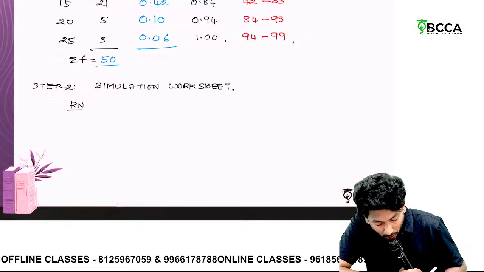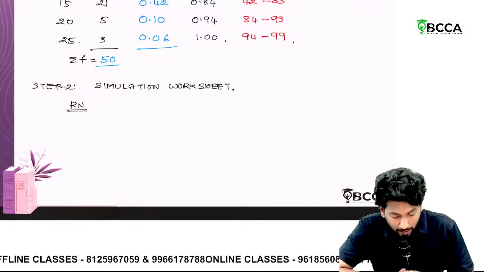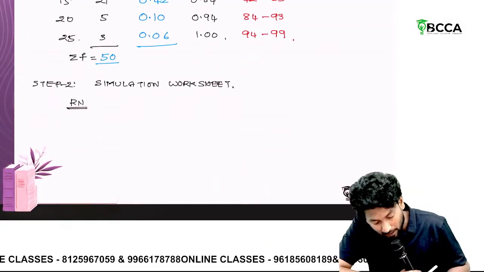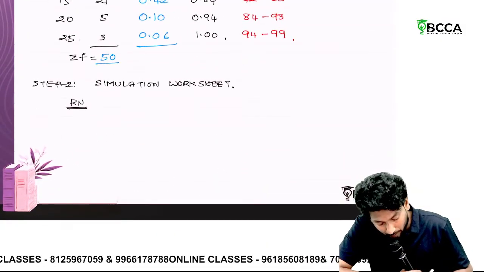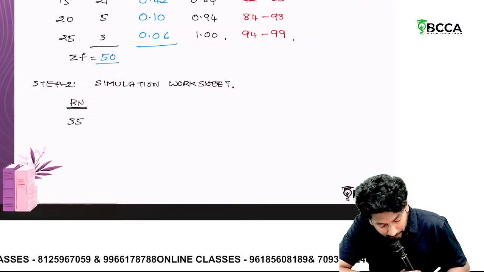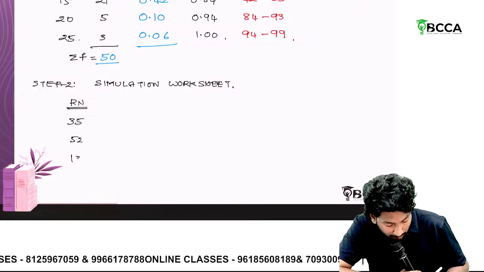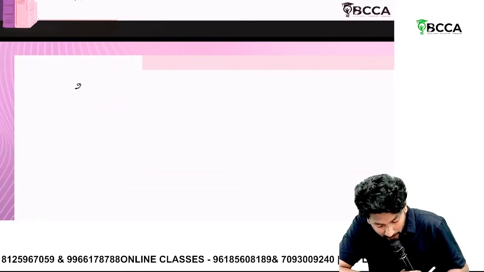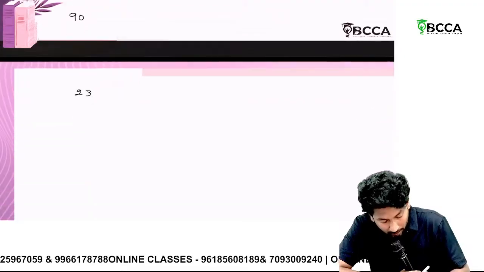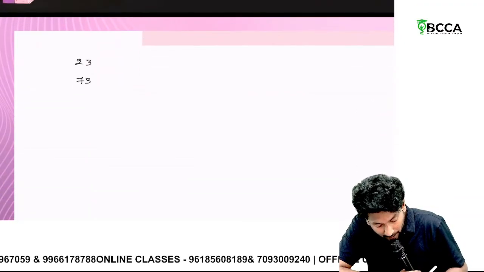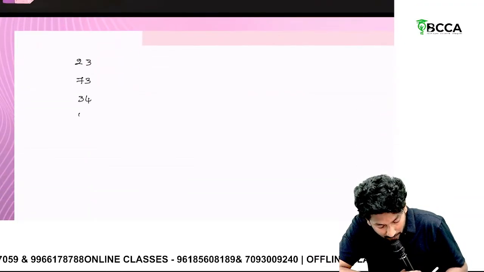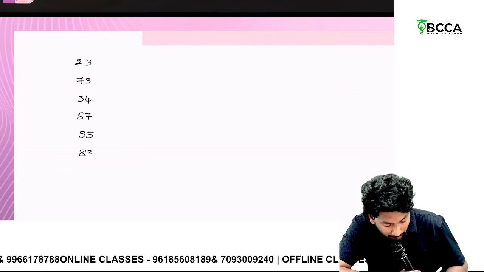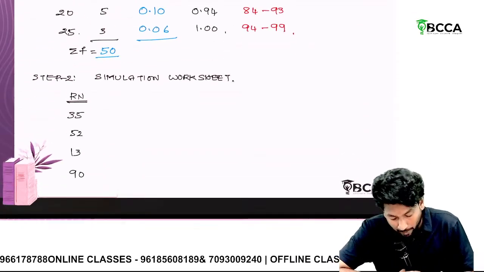As per the question, how many random numbers do we have to take, sir? 10 only. They have given 14, but tell me the first 10 random numbers, sir. 35, 52, 13, 90, 20, oh wait, 23, 73, 34, 57, 35, 83. 10 enough, right? Okay, next.